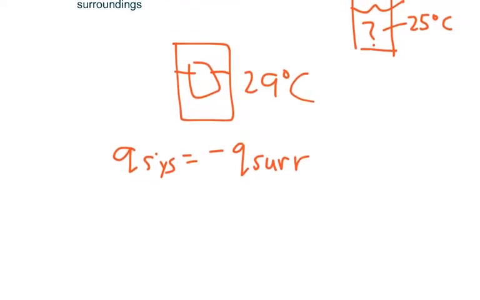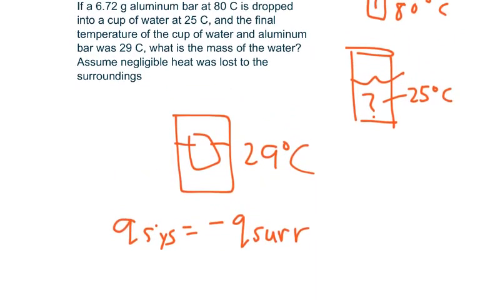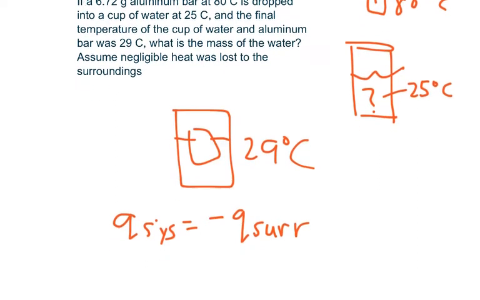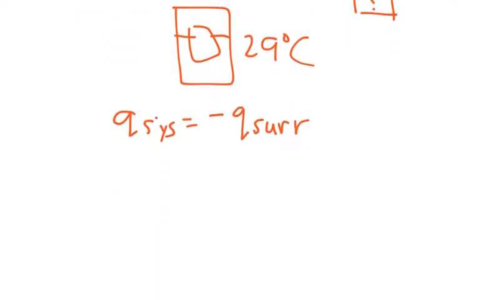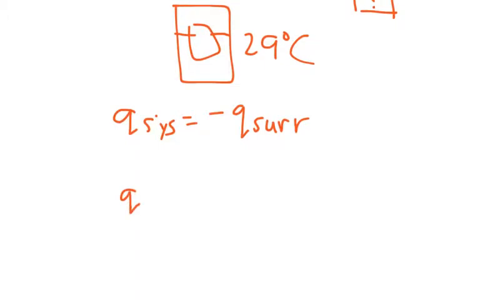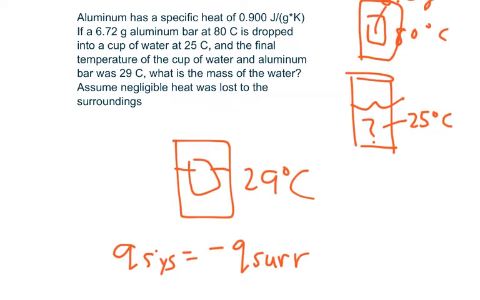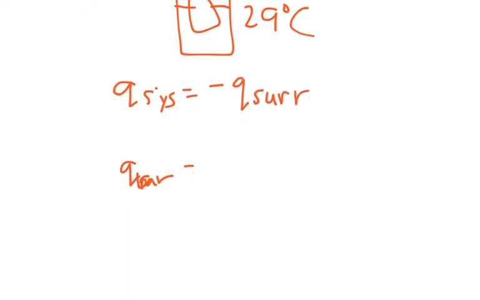Now we have to choose which one will be our system and which one will be our surroundings. So let's just say that we are going to consider the aluminum bar as our system. So the Q of the bar, which will be the amount of heat that the aluminum bar loses, this will be equal to negative of the heat that is gained by the water.